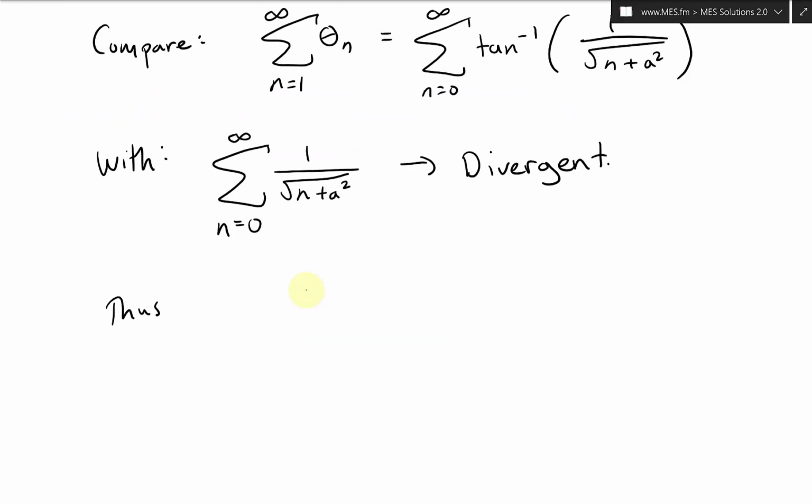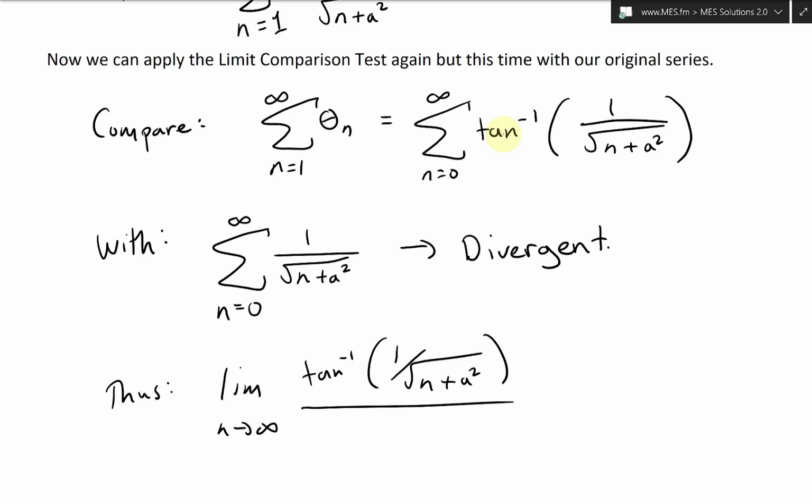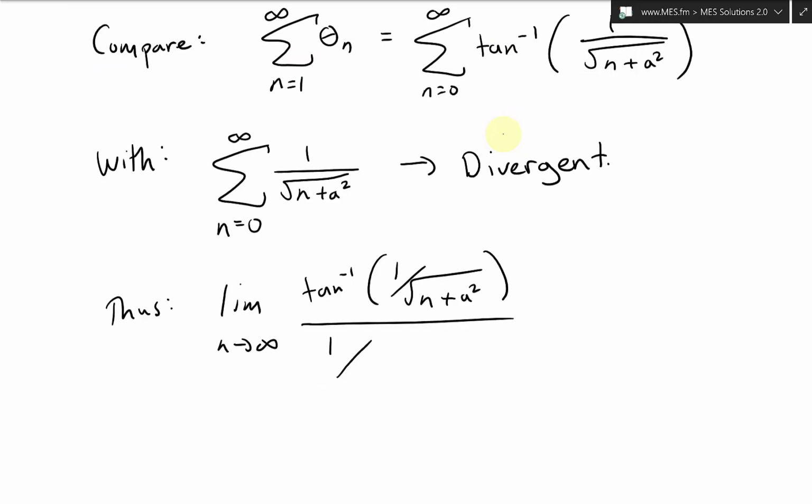Thus, the limit as n approaches infinity of an, our new an, is inverse tan of 1 over square root of n plus a squared, divided by 1 over square root of n plus a squared, like that.